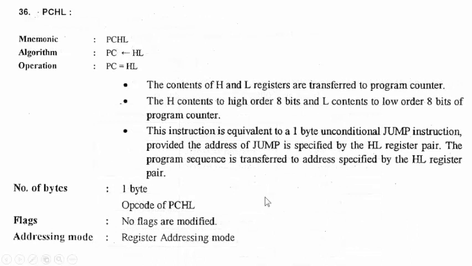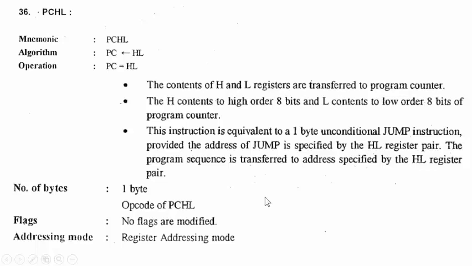Next branching instruction is PCHL. So PCHL instruction works with the LXI instruction. This PCHL instruction is an unconditional jump instruction, because it will not check the status of the flag bit.